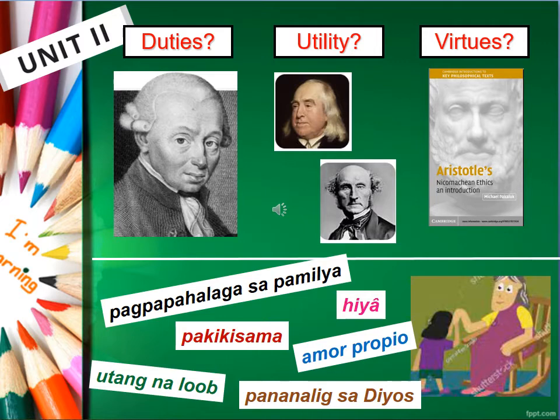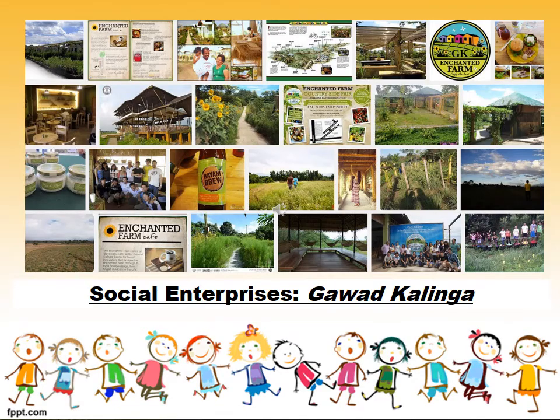rights theories, etc. It is also in this unit where we study the Filipino value system and the business ethics challenges that we face due to these Filipino values of ours. A certain part of this unit highlights faith-based social enterprises like for example the Gawad Kalinga, Enchanted Farm of Mr. Tony Meloto.